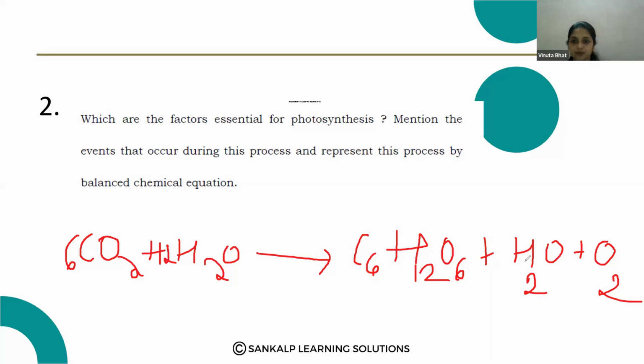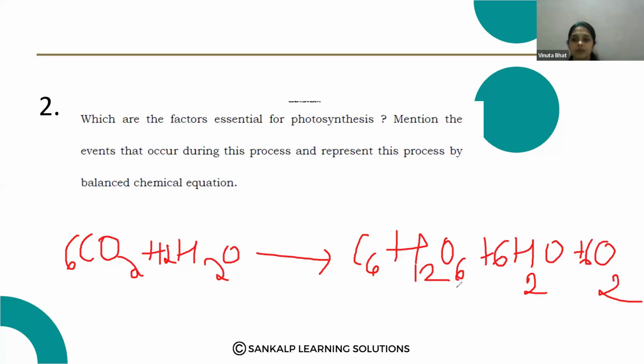Then here also 6 H2O, 6 plus 6 is 12. Here also 12 twos are 24 hydrogen. Then check the oxygen, 6 plus 6 plus 12, here 12 plus 6. Here I will add 6 here.